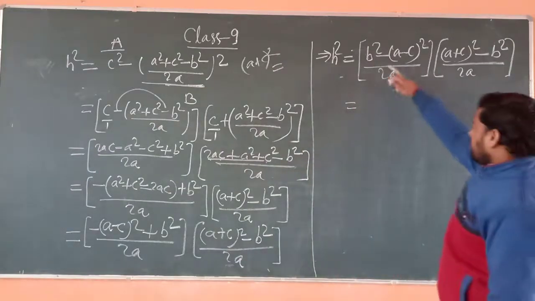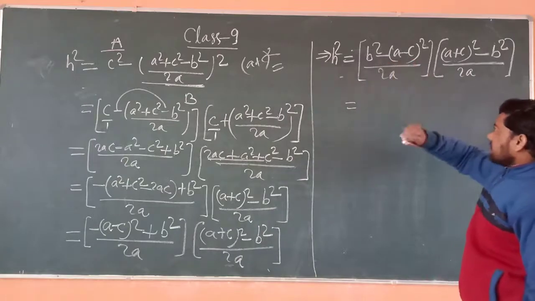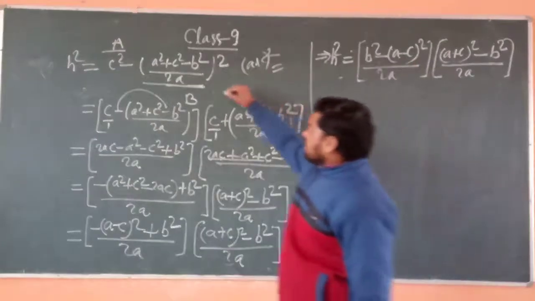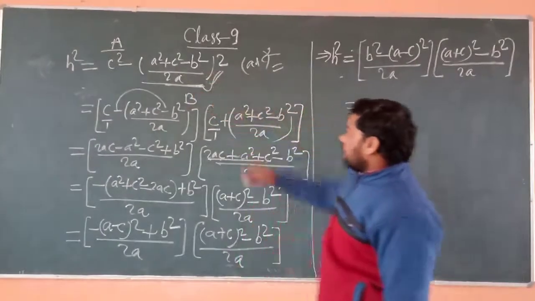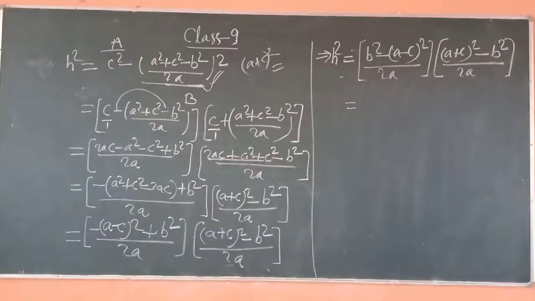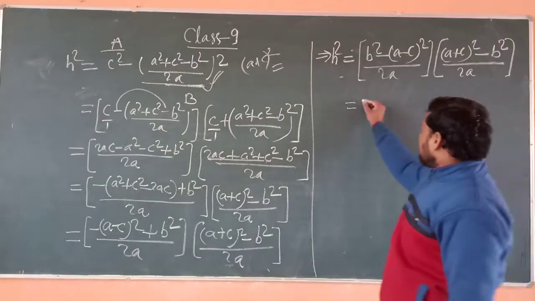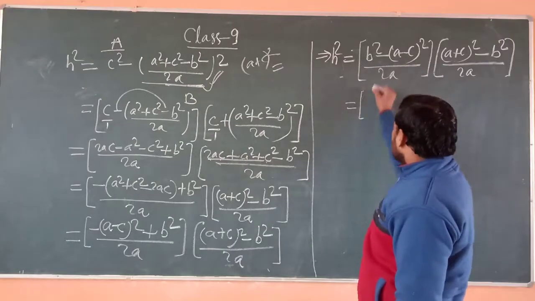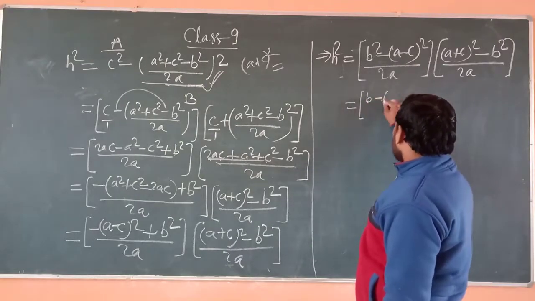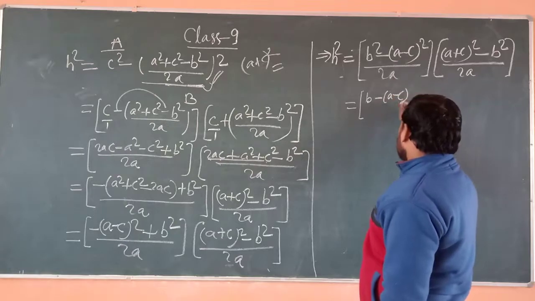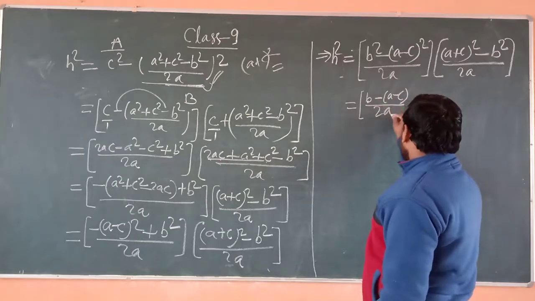See, this is in the form of a square minus b square. Again, it is in the form of a square minus b square, so (a minus b) into (a plus b), like this: (a minus b) into (b minus a minus c) upon 2a.